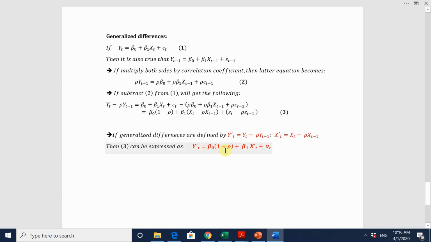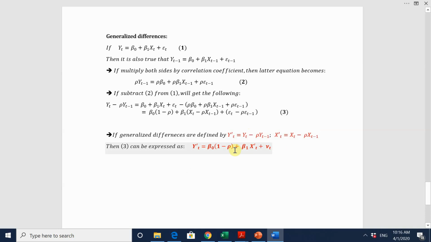Sorry, just a little mistake here. When rho equals 0, I have my normal regression equation: y of t is equal to beta naught plus beta 1 times x of t. The differenced x of t is simply x of t, and the differenced y of t is simply y of t. That is the best case scenario when there is no serial correlation.